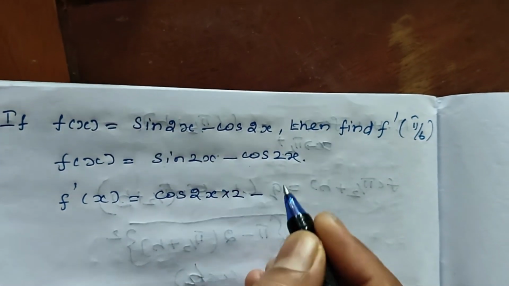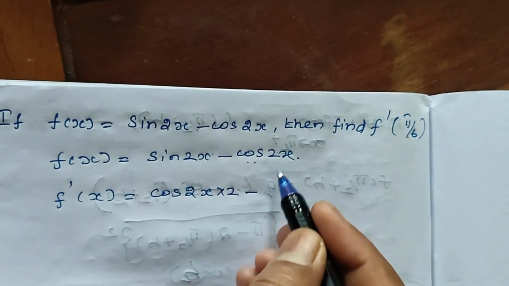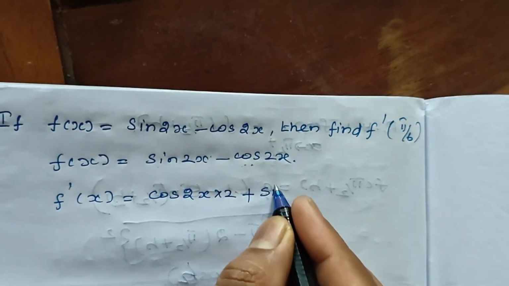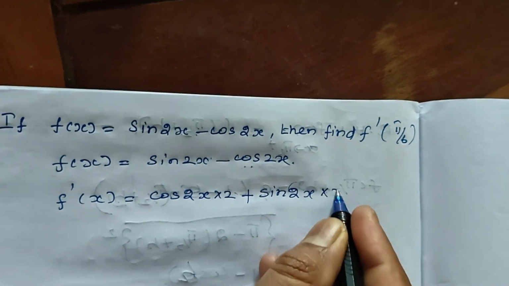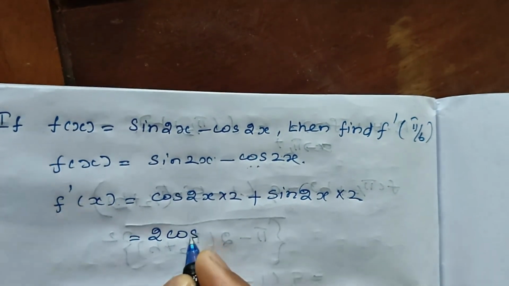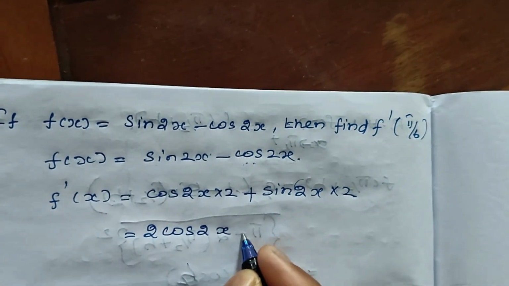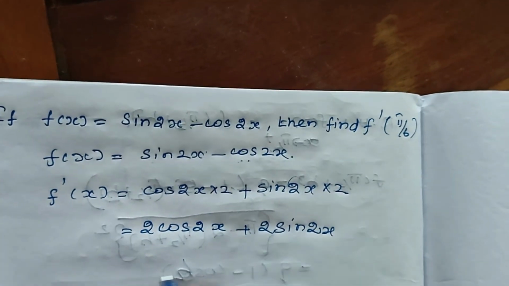Then minus, differentiation of cos 2x is minus sin 2x, so minus sin 2x into differentiation of 2x, which is 2. So what you get is 2 cos 2x plus 2 sin 2x.